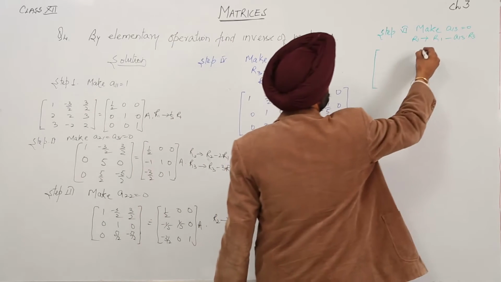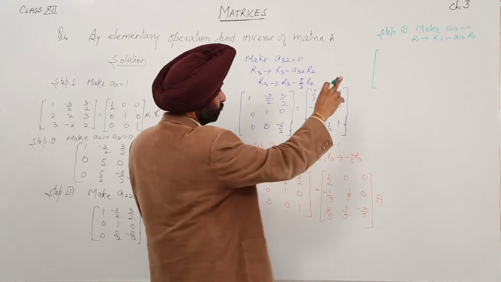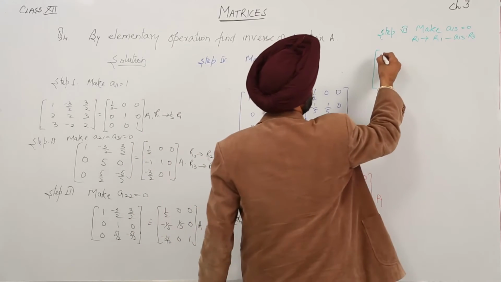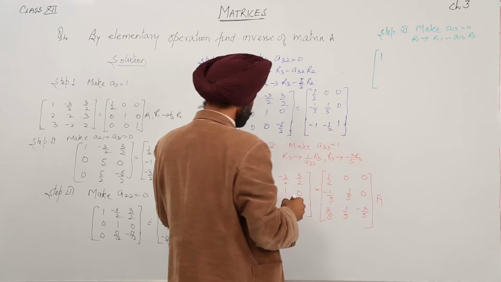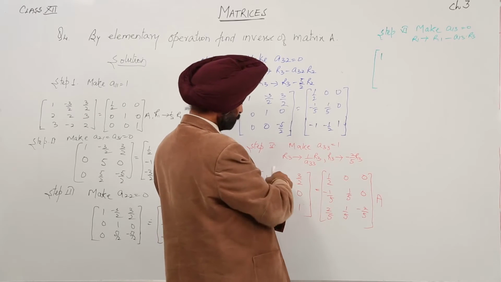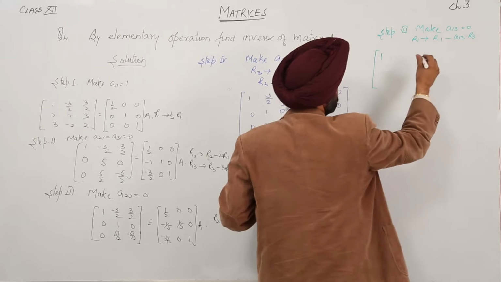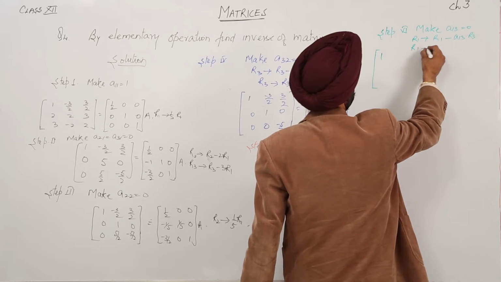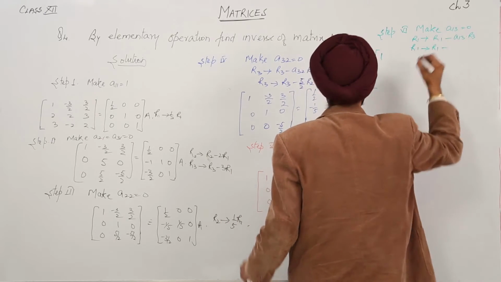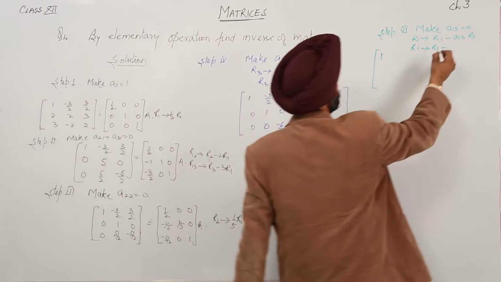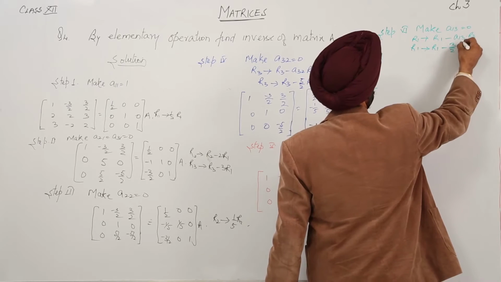So now applying 1 minus 1 into 0, that is 1 as it is, then minus 3 by 2. Let me write here, it is R1 approaches to R1 minus A13, which is 3 by 2, into R3.